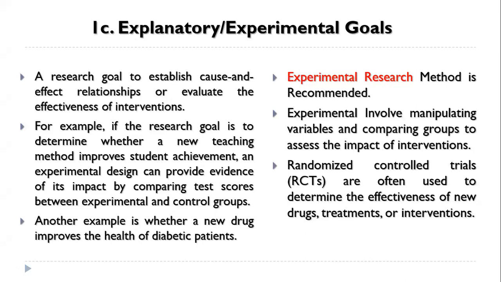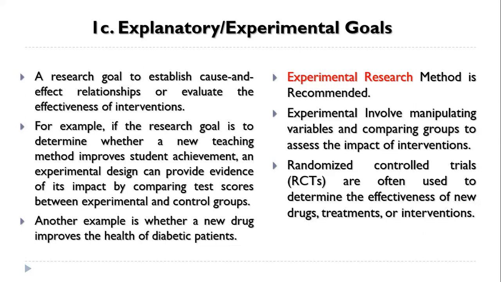So for explanatory or experimental, it's when you want to establish, like I said before, a cause and effect relationship, then you can do an experimental. A very popular one is the randomized control trial, where you randomly put a group in the experimental, like I mentioned before, testing a particular diabetic drug to see whether it is more effective compared to the standard drug.